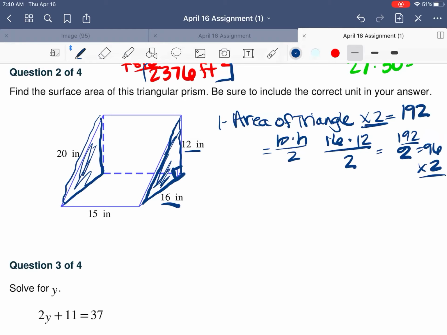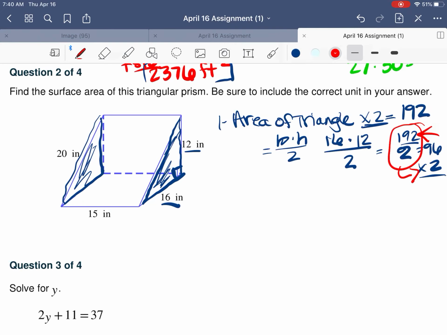And a little tip here, and some of you I'm sure will notice this, that see right here where I divided it by 2, but then I went ahead and times it by 2, so I really just ended up back at the 192. If you think about it, the formula for a triangle is basically finding the area of a square and then cutting it in half, but when I have 2 of them, I'm actually putting the square back together.